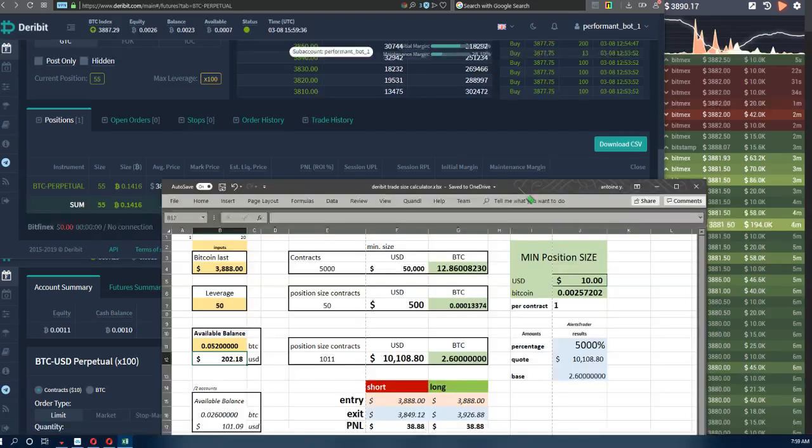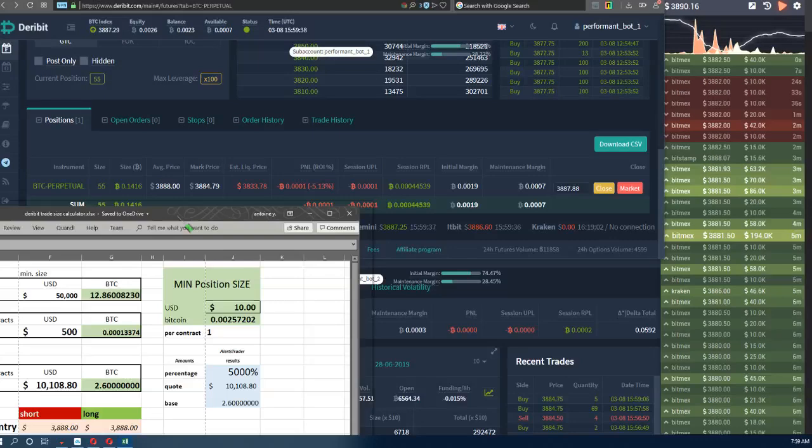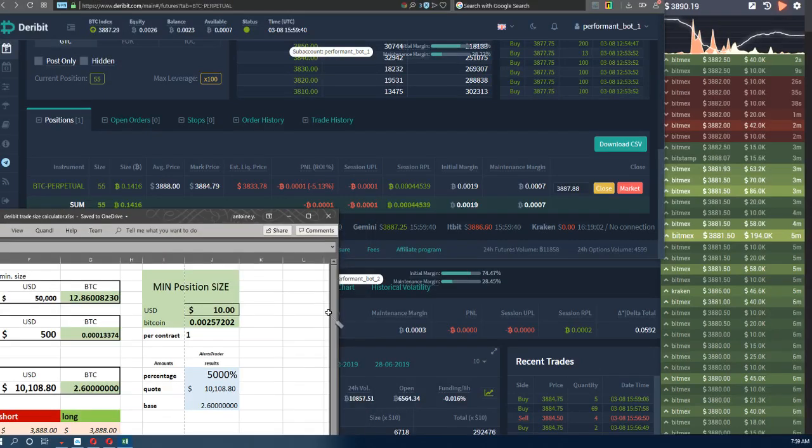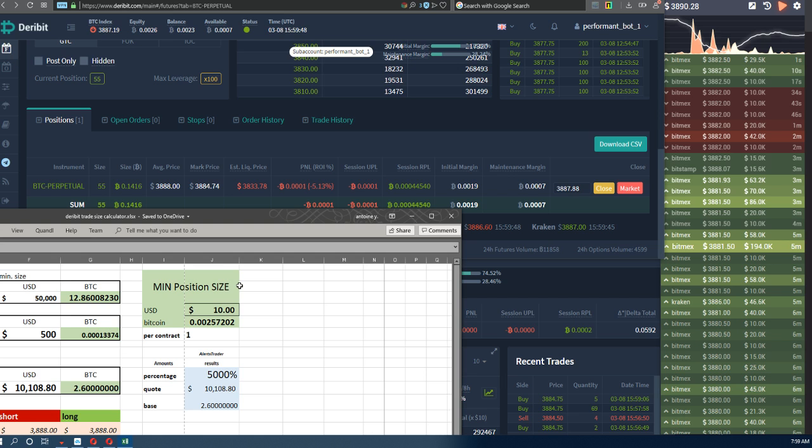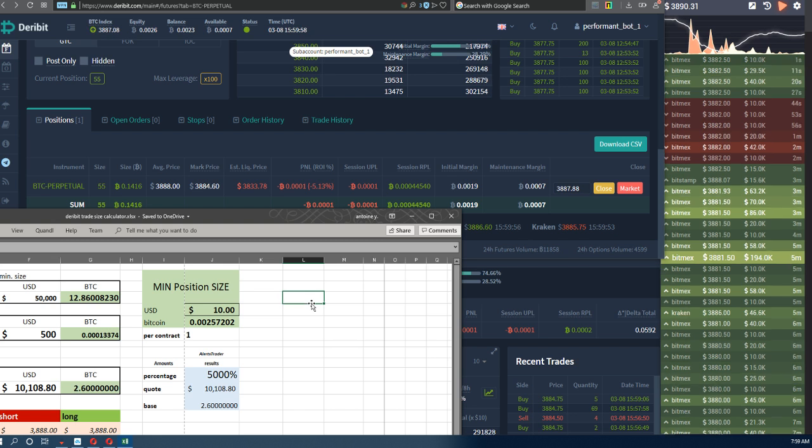Assuming position. Move this out. Alright, so move this out. Look at this. I'm trying to calculate what I got missing here.